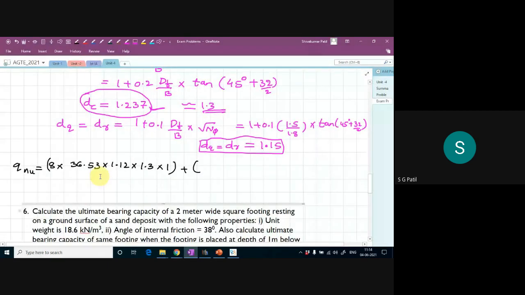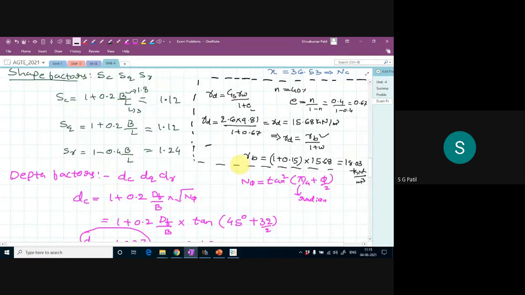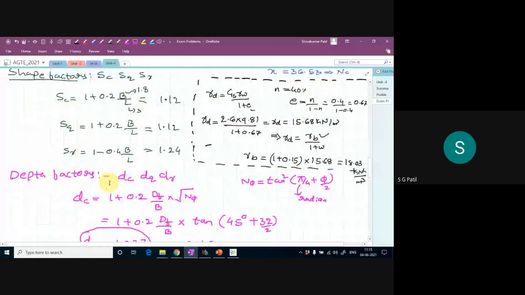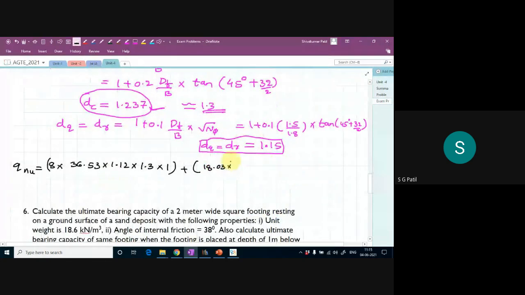So Q is equal to what? 18.03 into what is the depth of foundation? Depth of foundation is 1.5. So 18.03 into 1.5, now it becomes Q.